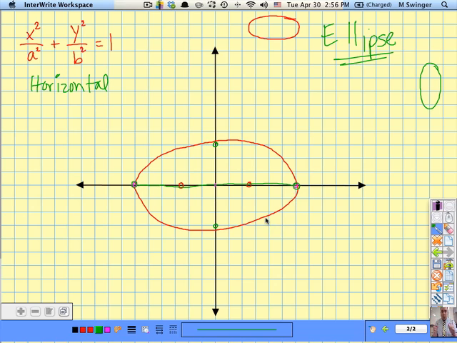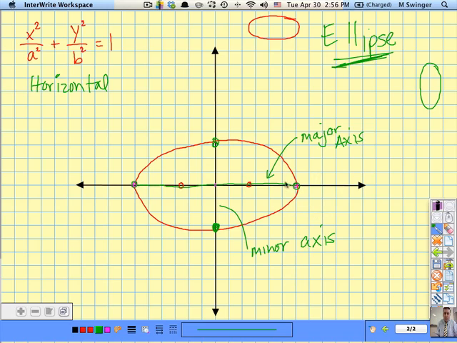Notice that is bigger than this vertex to this vertex. So the longer one is called, obviously, the major axis. The shorter one is called the minor axis. So every ellipse has these two axes.